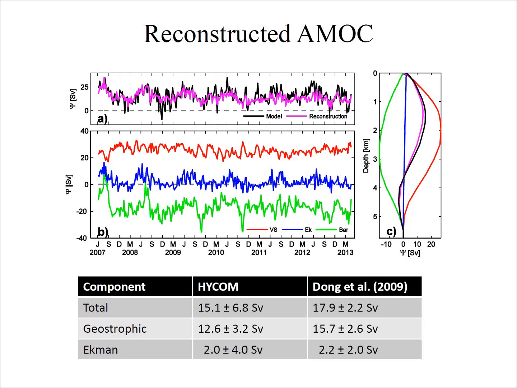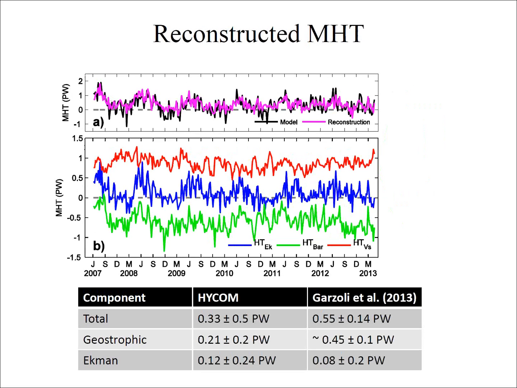And in comparison to the data from Dong et al., we see that the model generally underrepresents the strength of the AMOC, and so the variability of the model, because on these time scales it is almost 7 as a standard deviation. And the same thing for the heat transport.